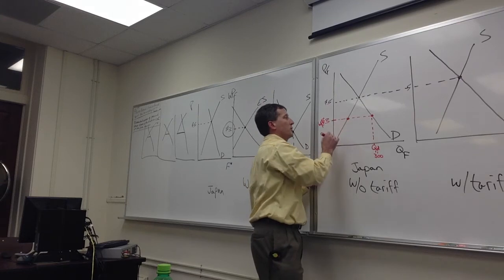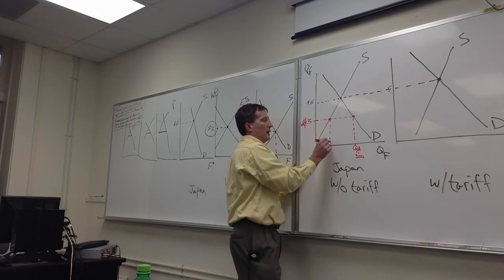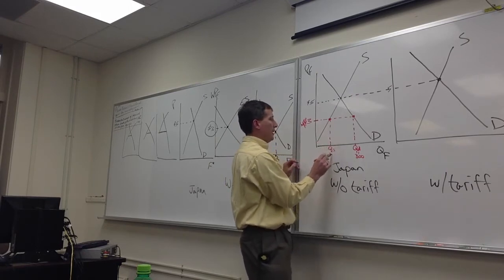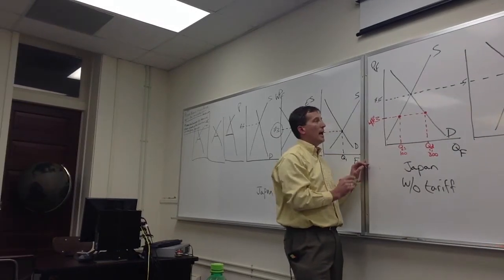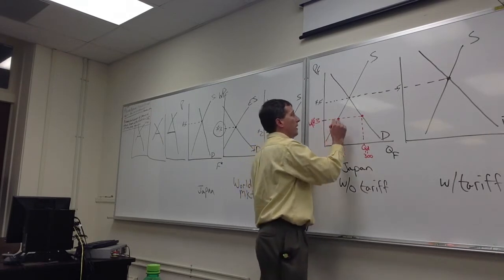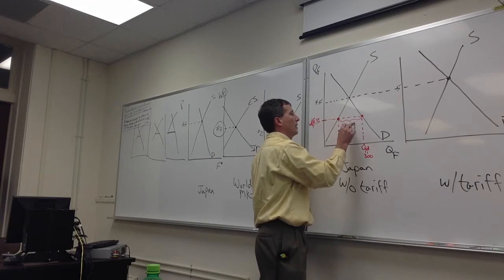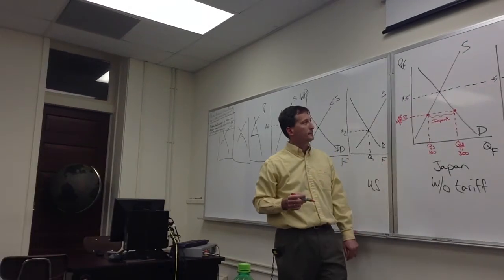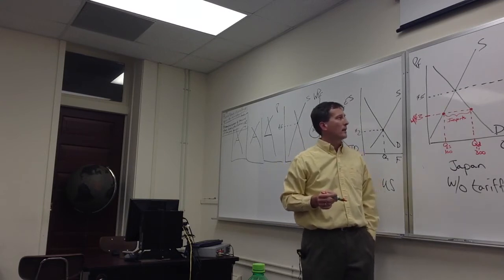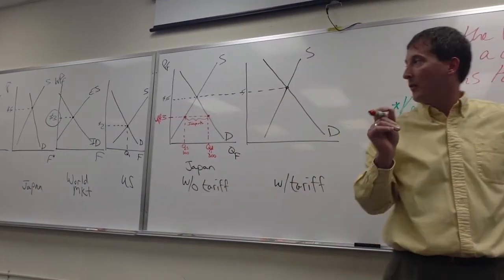The Japanese producers are on this supply curve because I'm in Japan, so that's our domestic production. So Japanese producers are going to supply 100 units of those, and the rest of the world, ROW, is going to make up the difference, and that gives us our quantity of imports. Okay, so that's the same story we told already before.